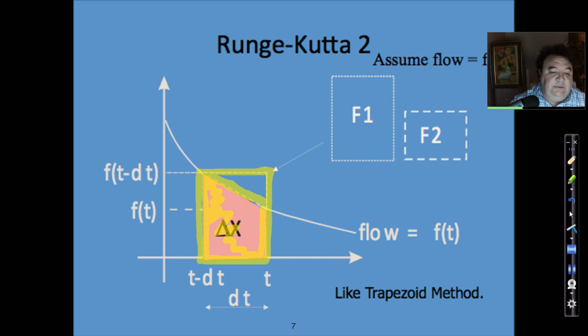And notice that ideally we would have to do the integral under the curve here. But you see how that integral under the curve is much better approximated by this particular trapezoid.